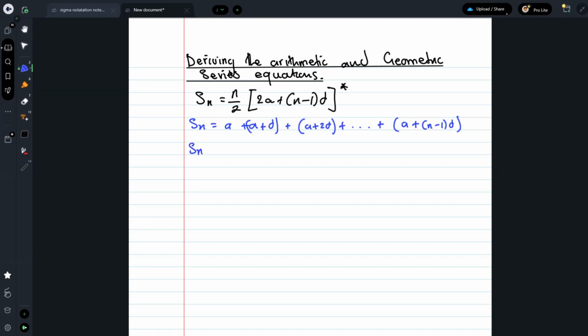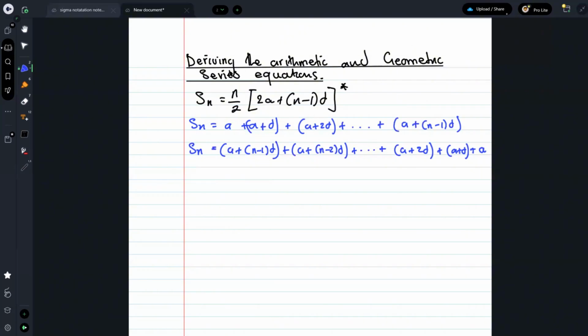So here we'll have Sn is equal to, as I said, we start off with the last term, which is a plus (n minus 1)d, plus the second term, which could be a plus (n minus 2)d, then plus dot, dot, going on to a plus 2d, plus a plus d, plus a, like that.